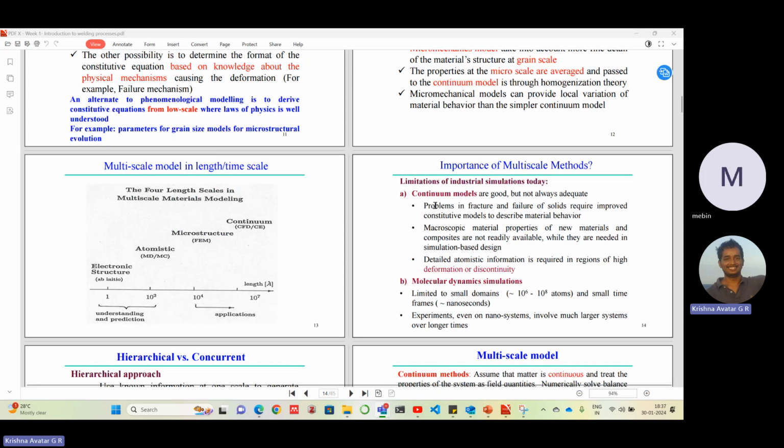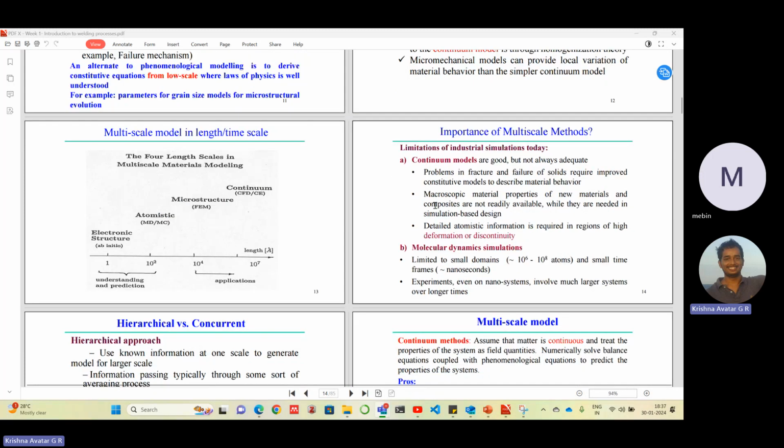From next week onwards, we'll start the basics of finite element approaches, so I'll mainly be writing and taking notes as well.